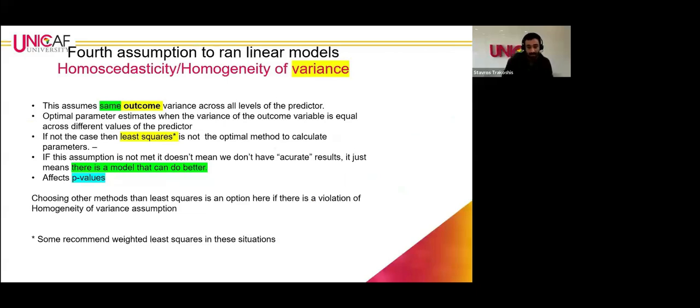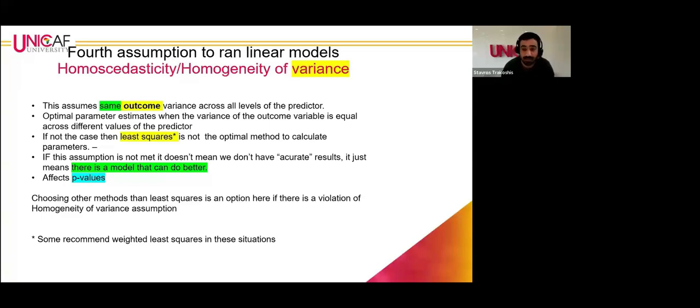Another assumption that applies to all linear models is that of homoscedasticity or homogeneity of variance. This is the same thing. It has two names, as most things in statistics, just to make things confusing.